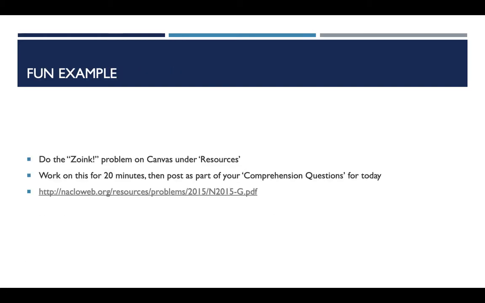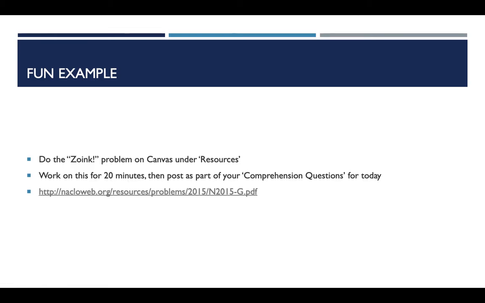So as kind of a fun example, and also a bit of a required example, I want you guys to go ahead and do the Zoink problem. It's on Canvas under resources. Actually, I'm not sure if I put it there yet, but it's here at this link. And so I'll walk you through this, and what I want you to do is work on this for 20 minutes. You can finish it if you want to.